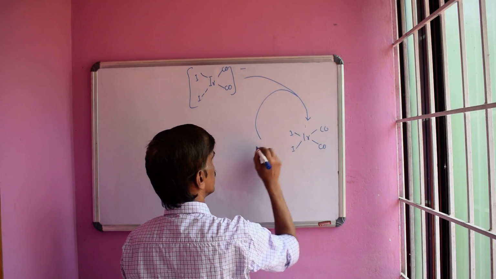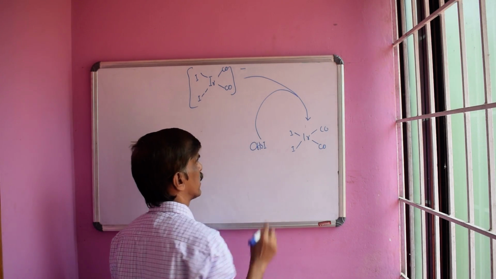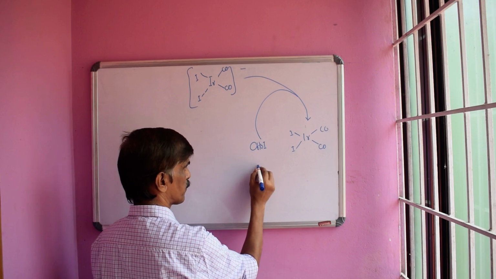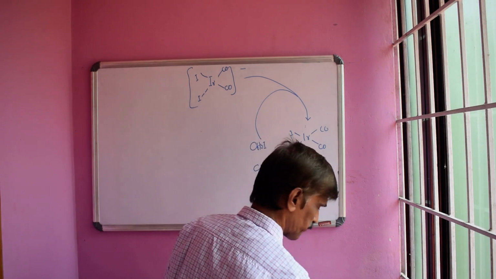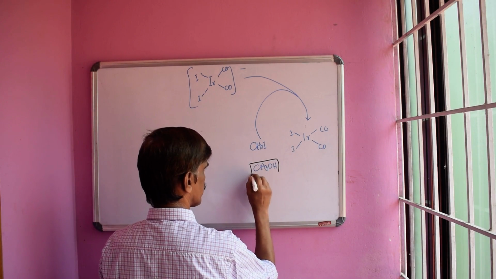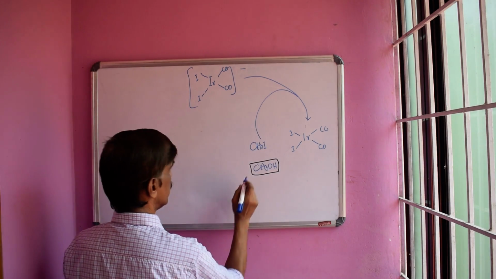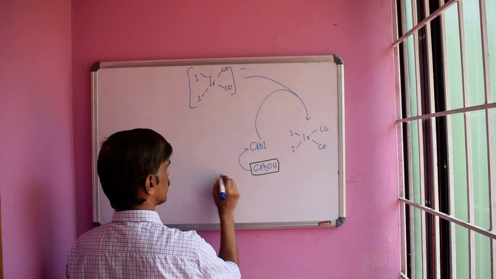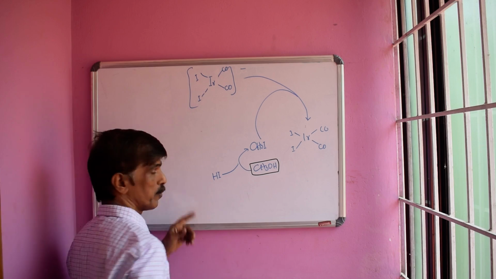First you can see the oxidative addition of methyl iodide, which in turn is produced from methyl alcohol by reaction with HI.